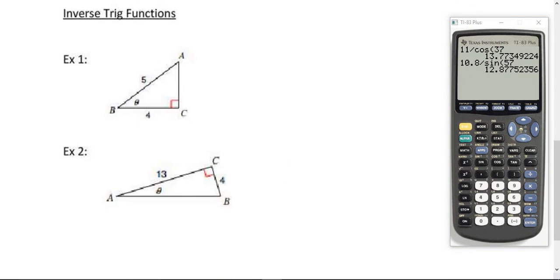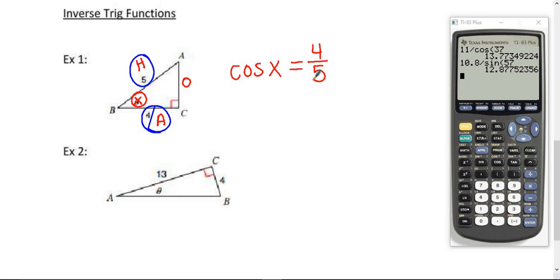All right, the other problem you might get is where you have to use an inverse trig function. And that is because what's missing here is this angle. They're using a theta right there. We can also call it x. It doesn't really matter. All right, so there's our angle. Let's label our sides: opposite, adjacent, hypotenuse. All right, so I am using the adjacent and the hypotenuse, which tells me to use cosine. So it's always cosine of my angle, which is just x in this case, equals adjacent over hypotenuse.